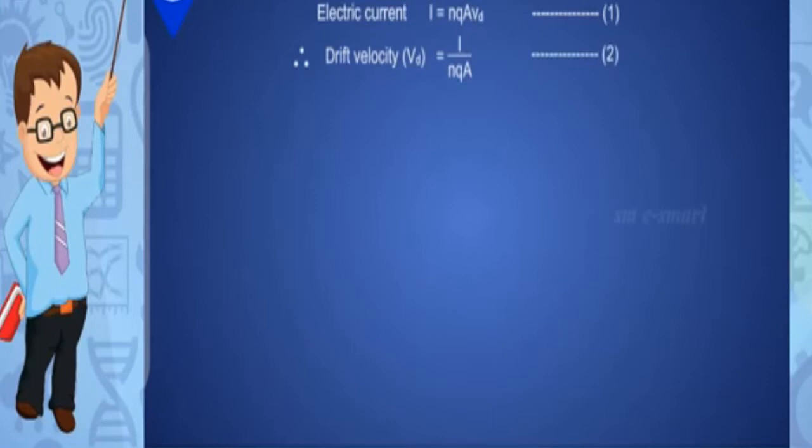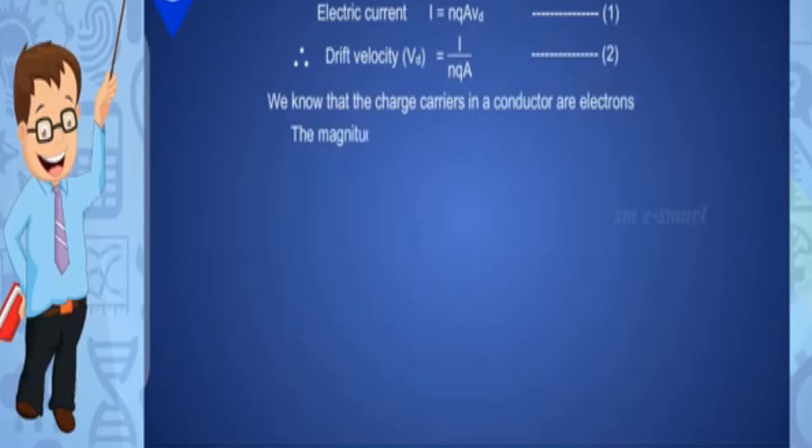We know that the charge carriers in a conductor are electrons. The magnitude of electric charge, that is e, is 1.602 × 10^-19 coulombs.